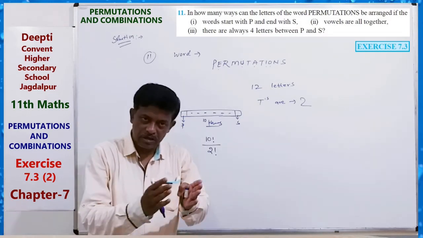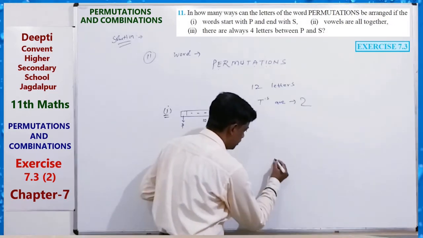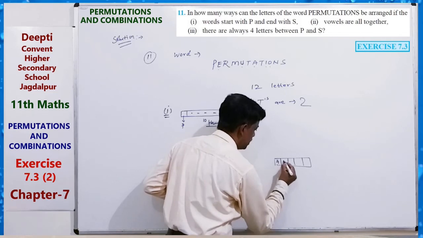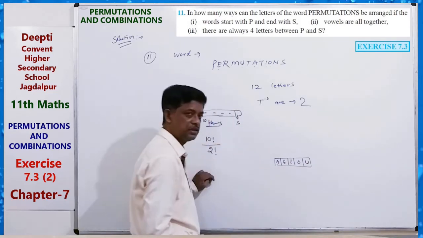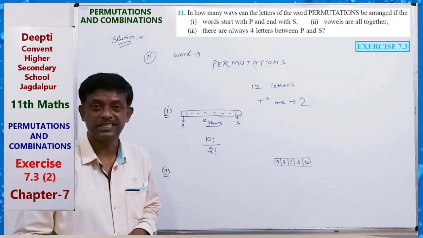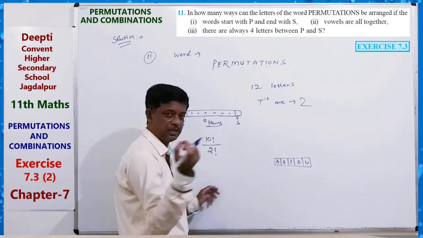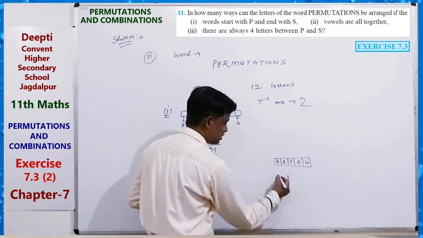Vowels together means these 5 vowels, A, E, I, O, U, are counted as a single unit, and the remaining are 7.